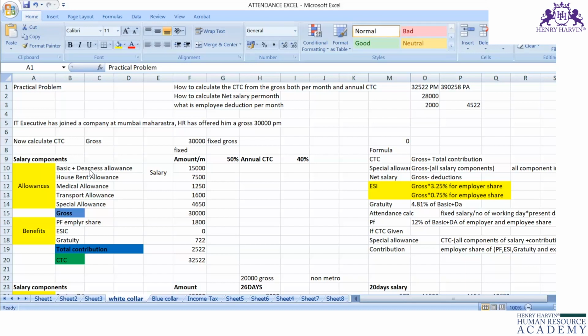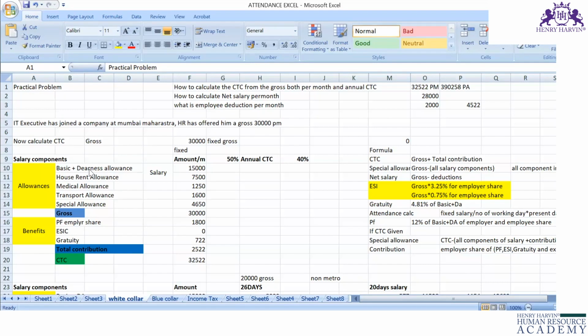Every organization gives these components compulsorily.